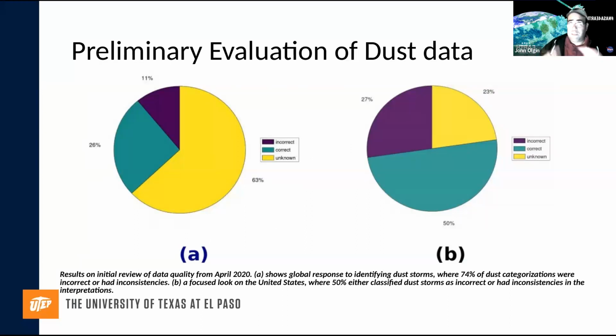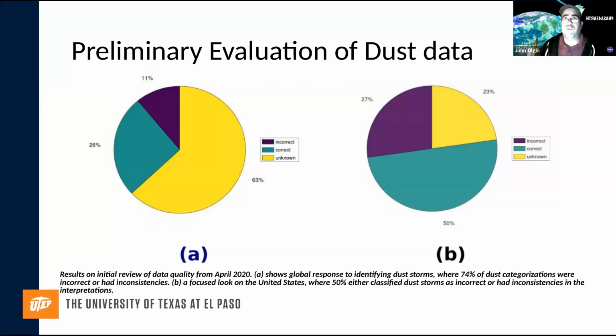On the left pie graph, about 26% got it spot on correct, identifying that this is a dust event, or a dust storm event. And the rest, like the 11%, got it incorrect.